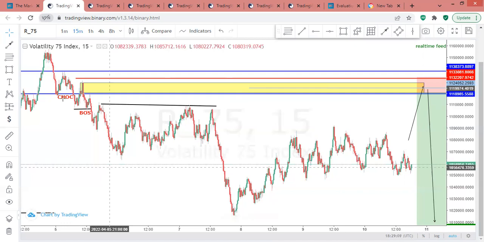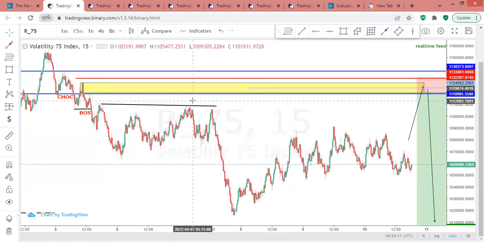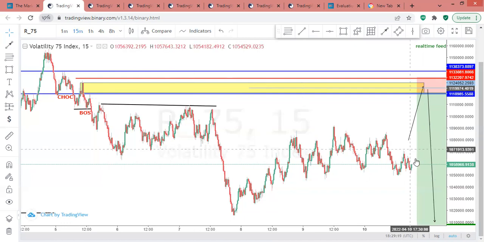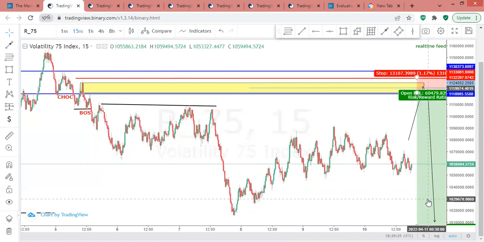And as you can see, price has not really returned to this area, just a kind of inducement in the market. We created liquidity, equal highs, and price is now coming back. So I expect price to clear off this liquidity, tap into my supply area, then sell to the downside. So that's what I'm actually looking at on VIX75.